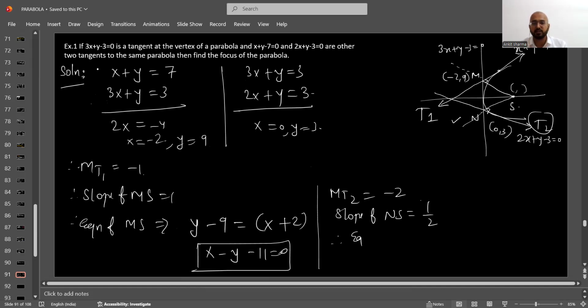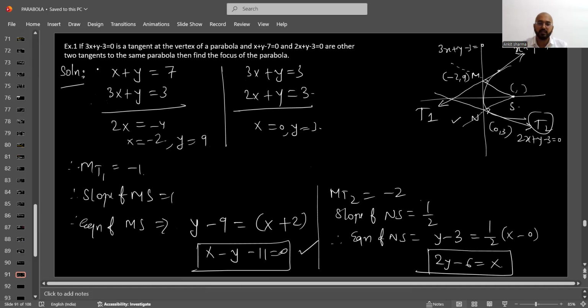So the equation of NS would be y minus y1 is equal to m into x minus x1. This gets cancelled, and I get here 2y minus 6 is equal to x. Now solving this line with this line would give me the required point of intersection.